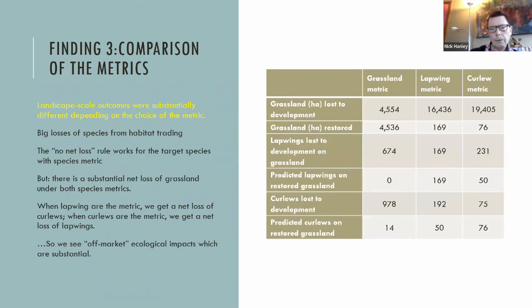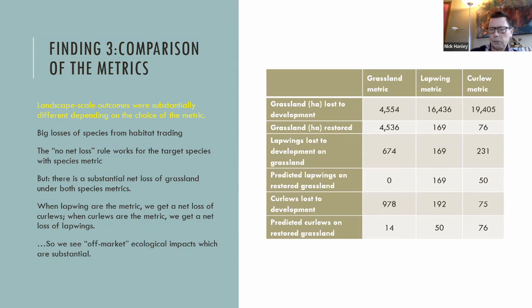So if we want to compare these metrics, what we find is that the landscape scale outcomes are substantially different depending on which metric we choose. So with the grassland metric, so that's a habitat metric, we get roughly no net loss of grassland. But as I already mentioned, we get this big loss of lapwings and we get this big loss of curlews. When lapwings are the metric, we actually get a net loss of grassland.